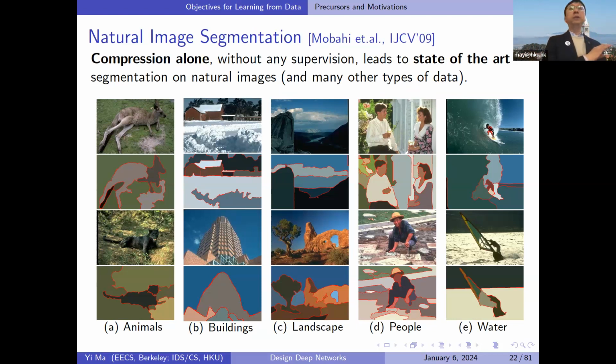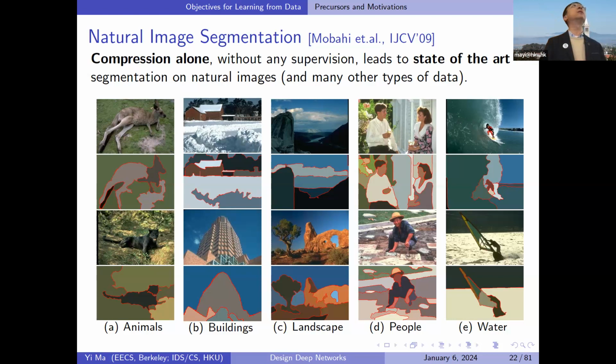See, this algorithm uses absolutely no heuristic. It just measures the number of bits of the data. Just simple compression. It turns out it's the best compared to the existing segmentation algorithms at that time, which use all kinds of human heuristics: loss functions with all kinds of heuristics, similarity between pixels, edges or context, texture, color.